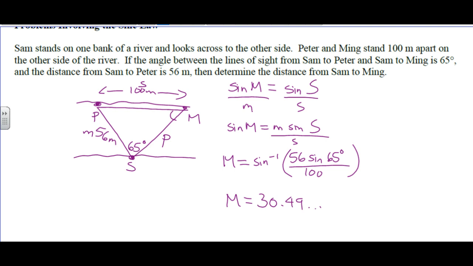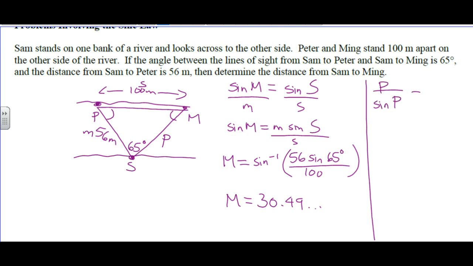So let's indicate that we're not using a rounded value, by putting the 3 dots on the end. You just say, I know this thing isn't 30.49, and I'm not going to round it, because then I would get the answer wrong. I'm going to use that number to calculate angle P, and then we're going to reuse the sine law here. So we're going to say little p is what I want to find.